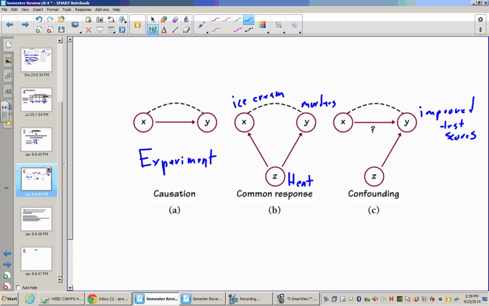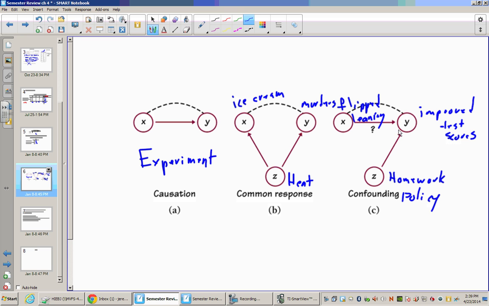Now, if I improve my test scores, maybe I did flip learning, and I thought I have better scores. I must be better. The flip learning caused that. But there might be another confounding variable. I could have also changed the homework policy.